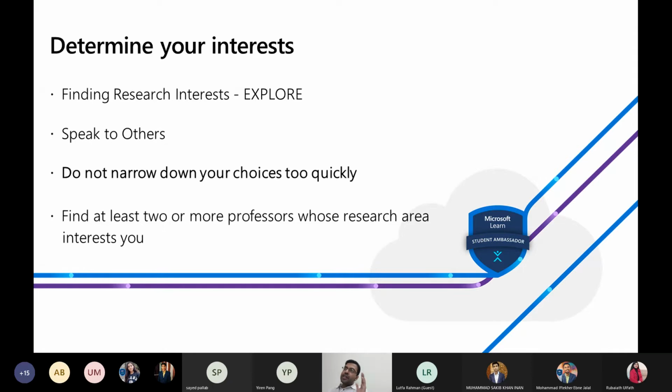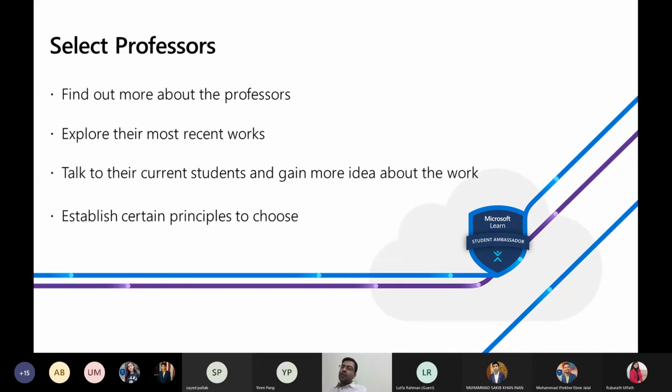And then after exploring those resources and speaking to people, you may narrow down several professors, not one, just two or more, like at least five or something, and then get to know more about those professors.